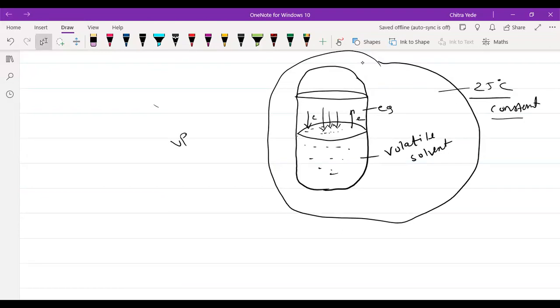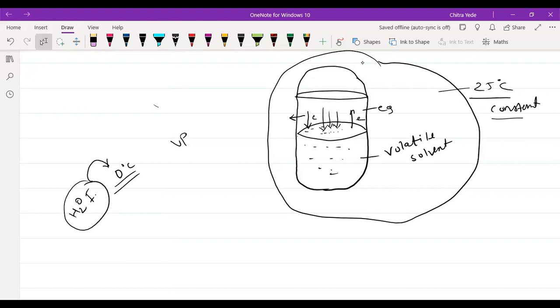We know the freezing point of water is 0 degrees Celsius, right? It is the freezing point of water. Let's discuss the vapor pressure at equilibrium at 25 degrees Celsius, at normal condition.